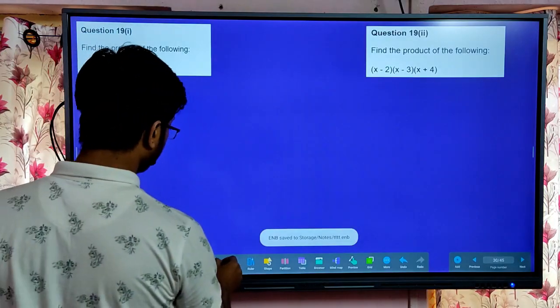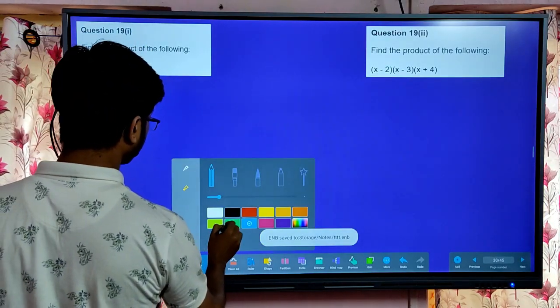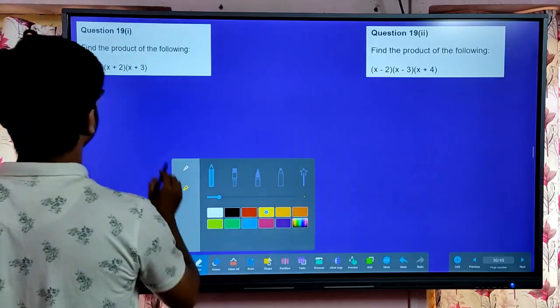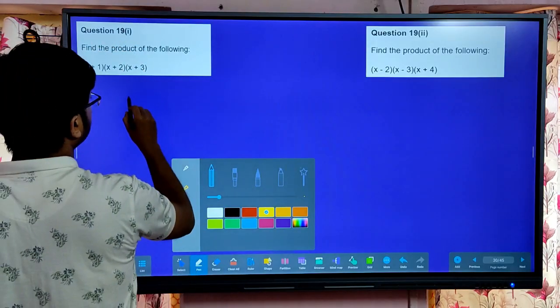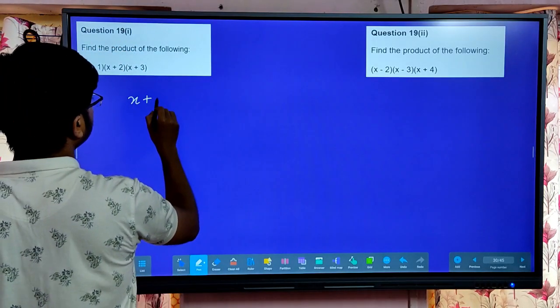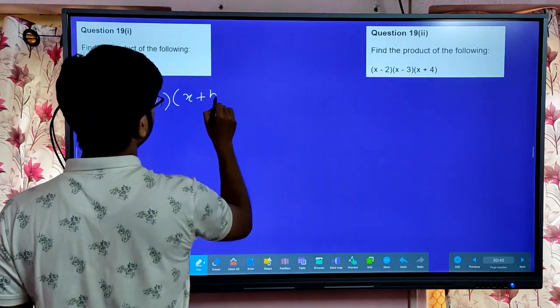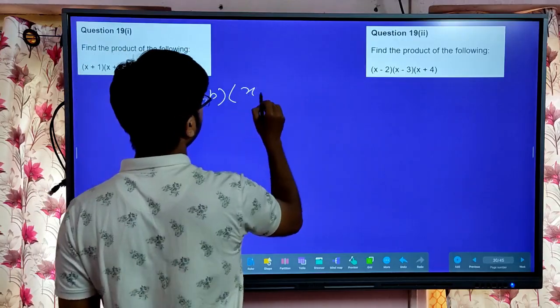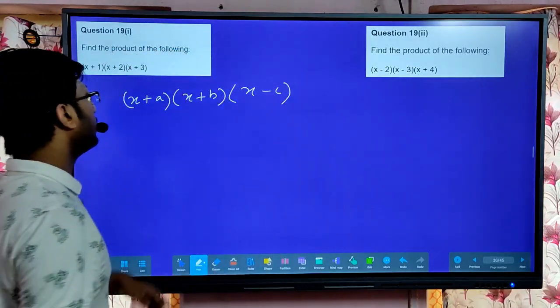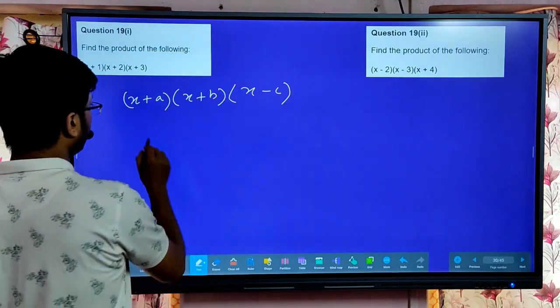Now see, first let us learn. Suppose the thing is x plus a into x plus b into x minus c, or it can be plus, it can be minus over here.